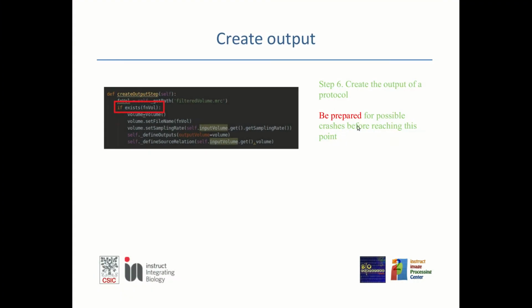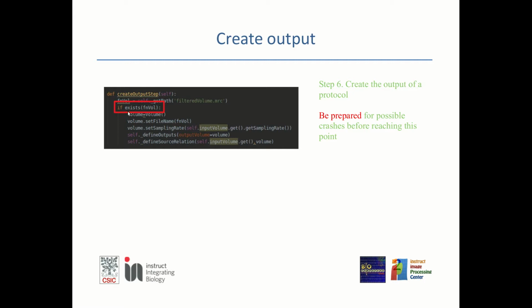We can see it here. First of all, we have to be ready for possible failures. So let's say that the program I'm invoking doesn't filter it because of any reason, that it doesn't like the input volume, so it doesn't produce any output.